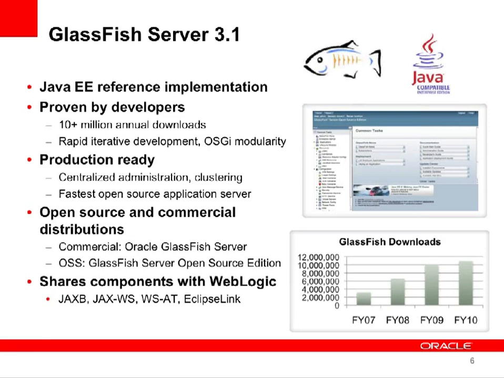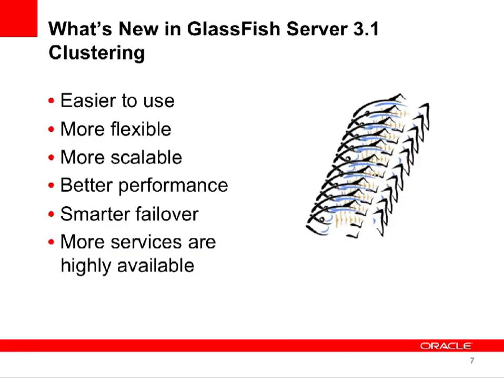What you'll see over time is that where it makes sense, we'll share additional technologies. For example, our HK2 modular runtime is going to be shared with WebLogic. This doesn't mean that the app servers are converging in any way. It's just where it makes sense we will be sharing technologies, but we'll also be offering differentiated feature sets over time.